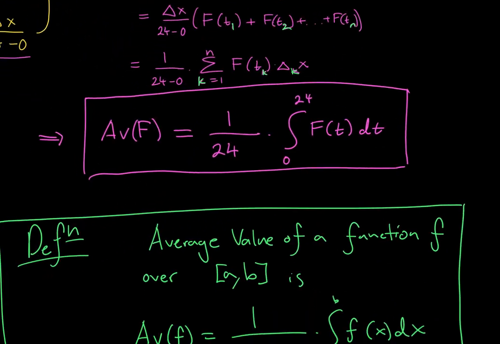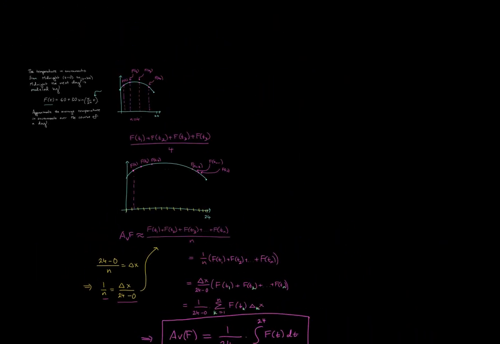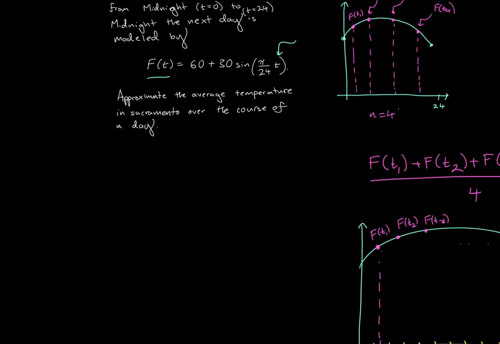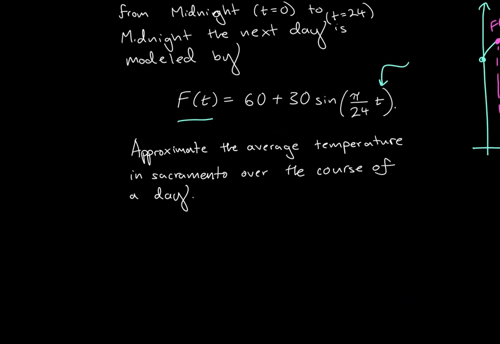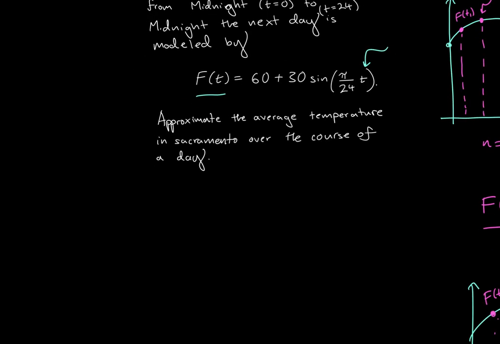Okay, but now let's use this new motivated definition to actually approximate the average value of f. I'm not going to use a ton of rectangles because this function is not super pretty if t isn't very well behaved. So how about I do this? Let's sample at t equals 4 hours.